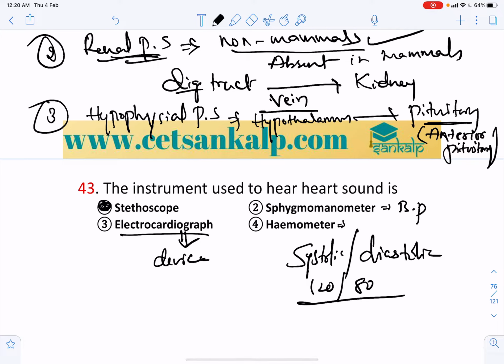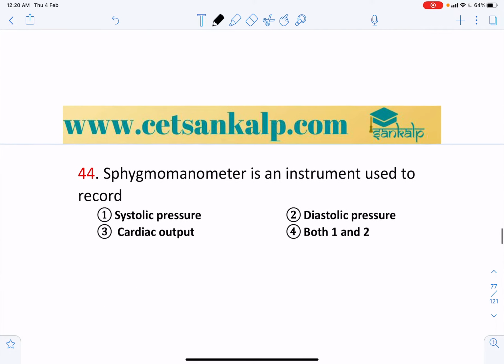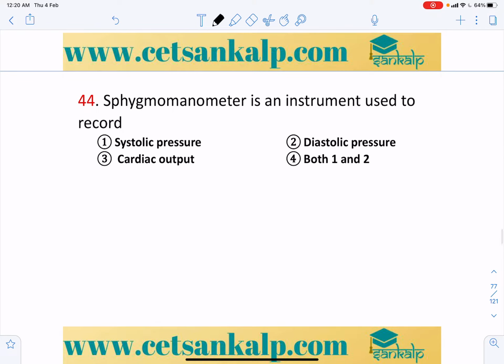A hemometer measures the hemoglobin content in RBCs, red blood cells, right? So the answer for that is stethoscope. Sphygmomanometer is an instrument used to record blood pressure, which includes systolic pressure and diastolic pressure, both 1 and 2.